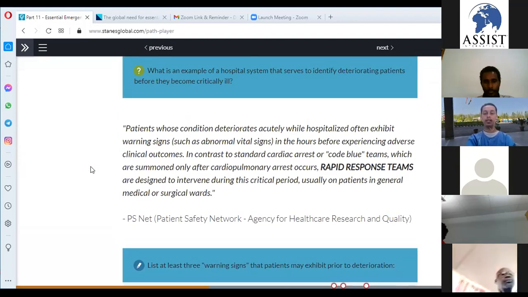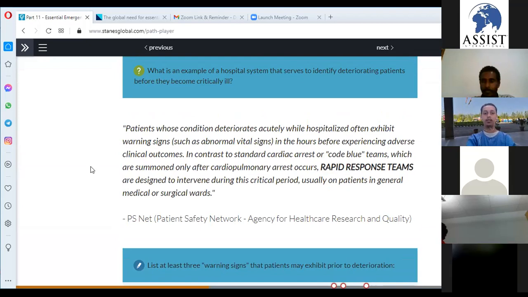But the idea of a rapid response team is having a group of people who will be called whenever there is a problem. So what kind of health professionals can be part of a rapid response team?